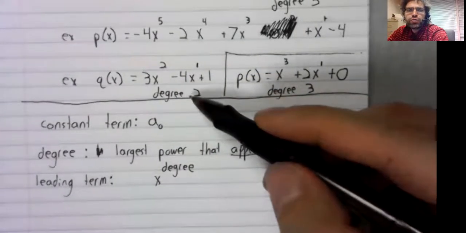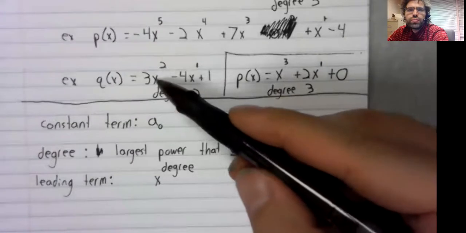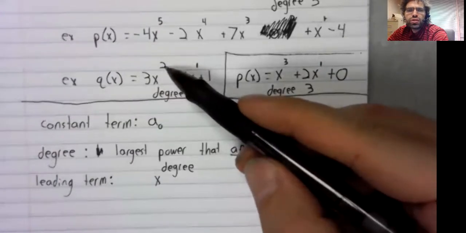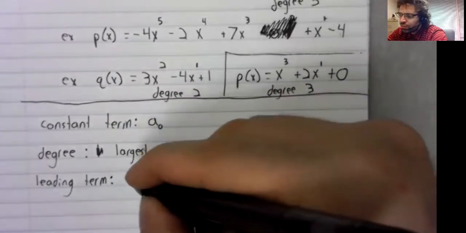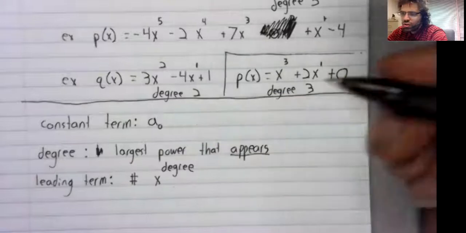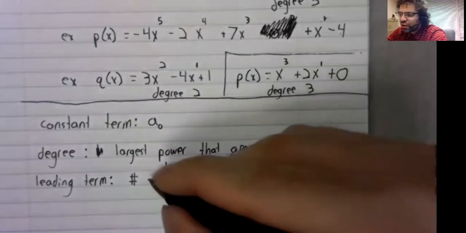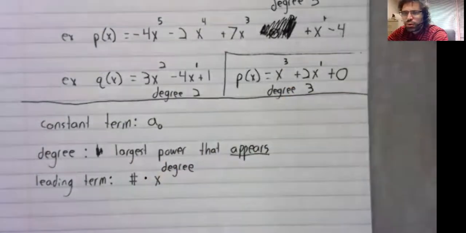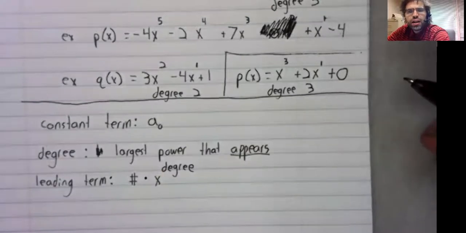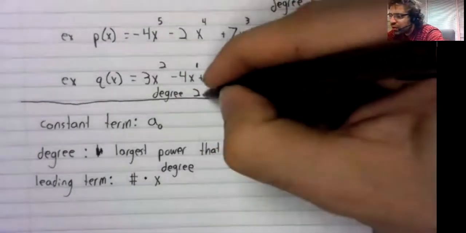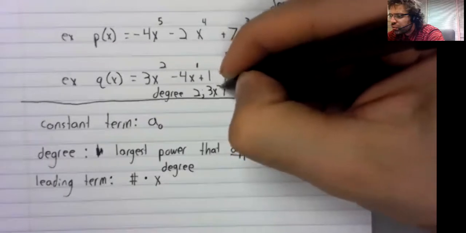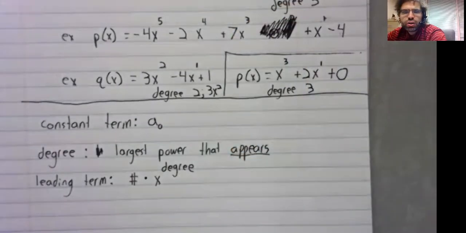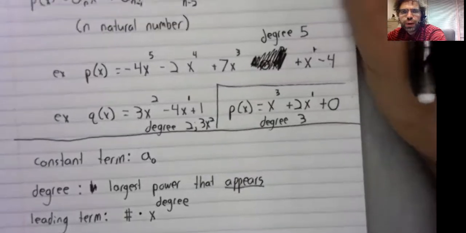Like here, the degree is 2. Here's x raised to the degree, and we have this number. So the leading term is the number, whatever number we have, times x to the degree. So here the degree is 2, and the leading term is 3x squared.